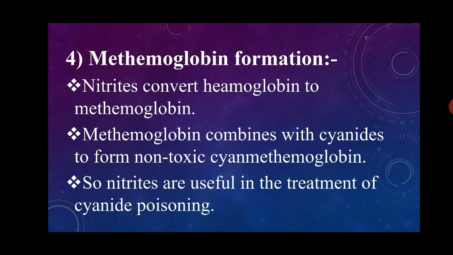Cyanide is a chemical that creates poisoning, and it is treated by using these nitrite and nitrate drugs. By this mechanism, nitrite converts hemoglobin to methemoglobin, and methemoglobin combines with cyanide to create non-toxic cyanomethemoglobin. So these nitrite or nitrate drugs are useful in the treatment of cyanide poisoning.